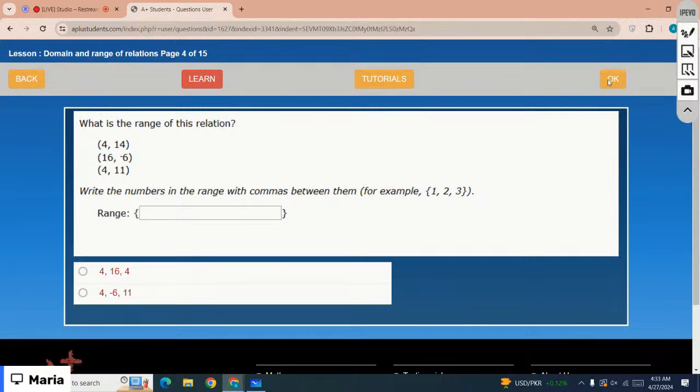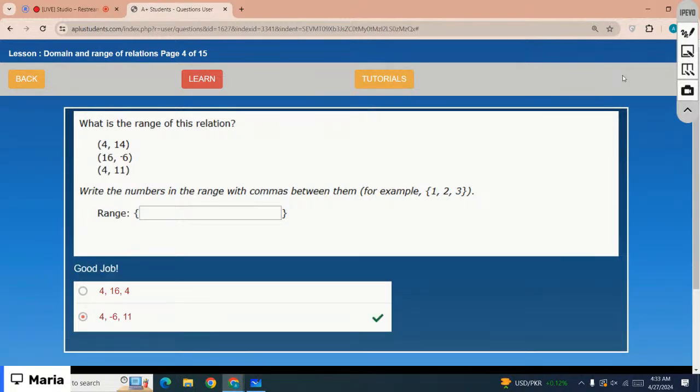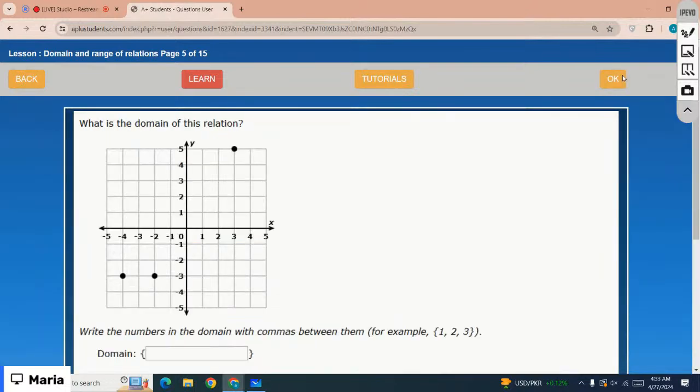The range is 4, 14, negative 6 and 11. Option number 1 is the correct option. What is the domain of the relation?